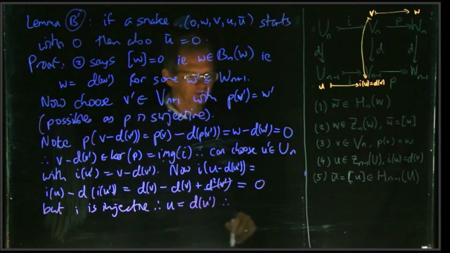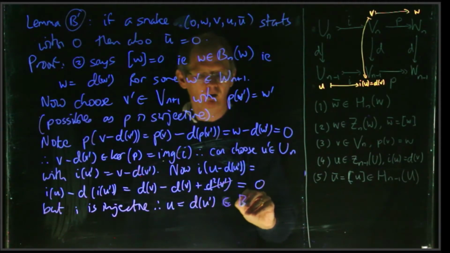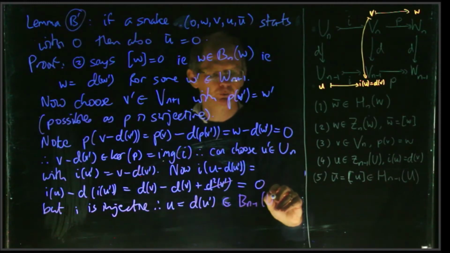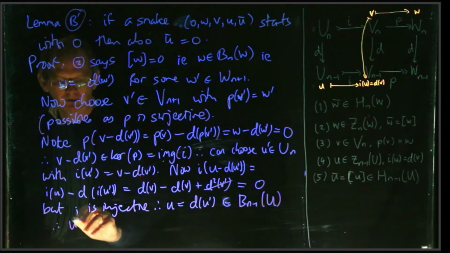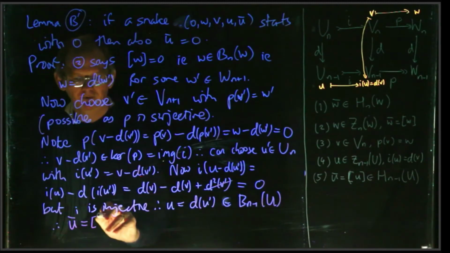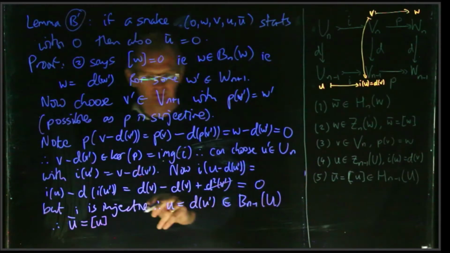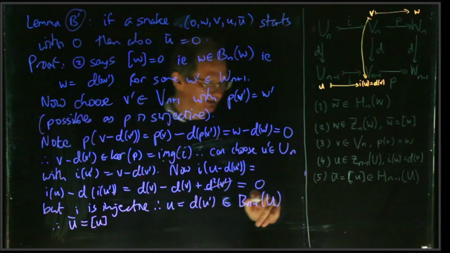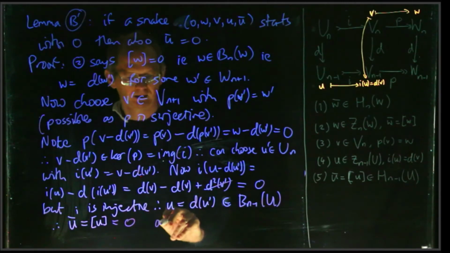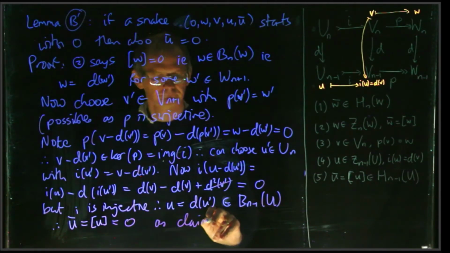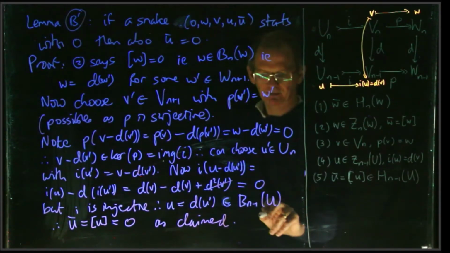So this is an element of bn minus 1 u, and therefore our element u bar, square bracket u, remember, that was our fifth condition here. But u is a boundary. It's in the image of d, so square bracket u is 0, as claimed. So that proves our b prime.